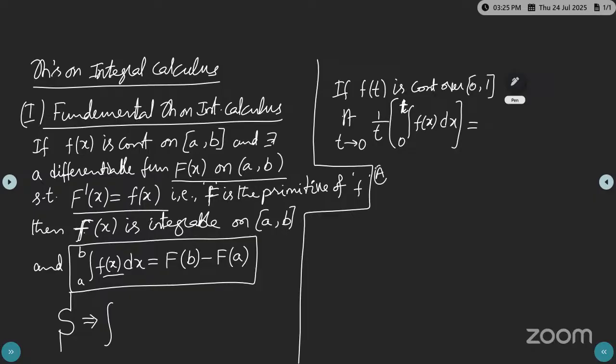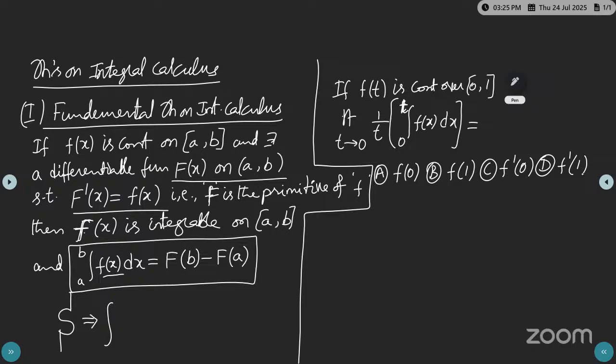I am giving you the options: f of 0, f of 1, f dash of 0, f dash of 1.